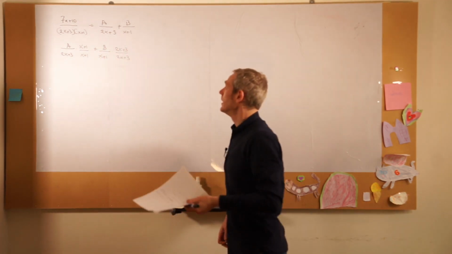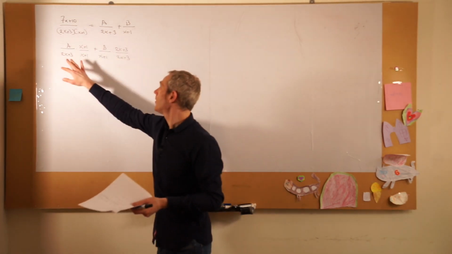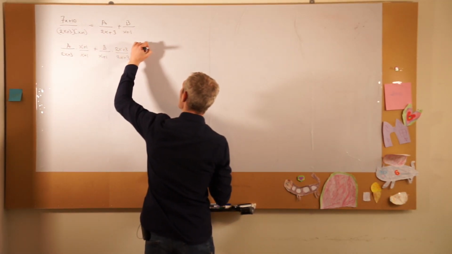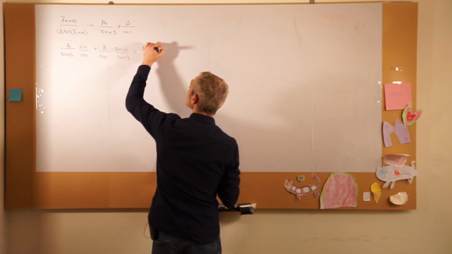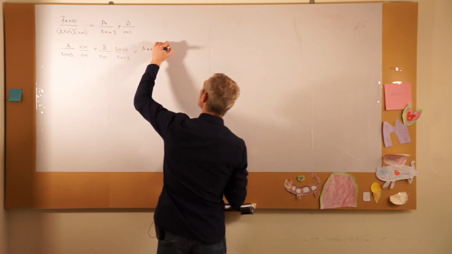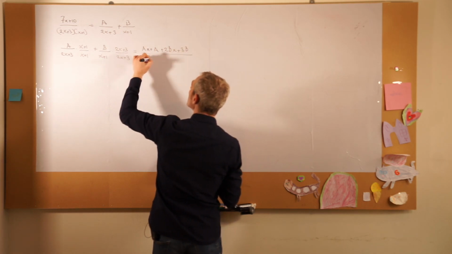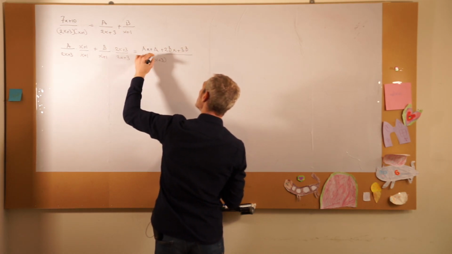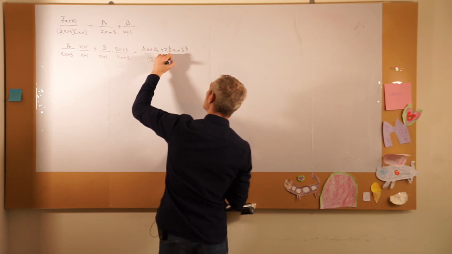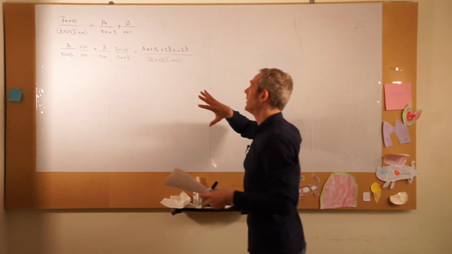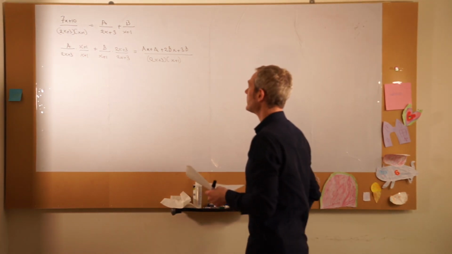And what we now have achieved is that this whole thing can be written as (ax + a + 2bx + 3b) over (2x + 3) times (x + 1), which is in the form of our initial expression.